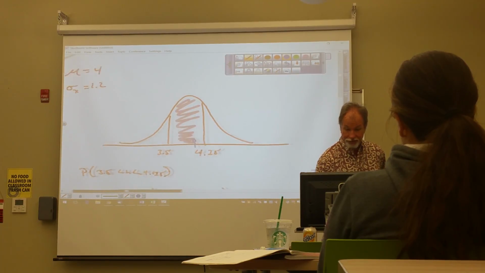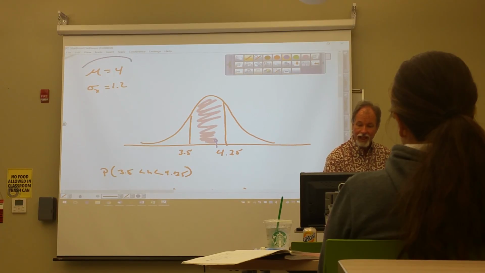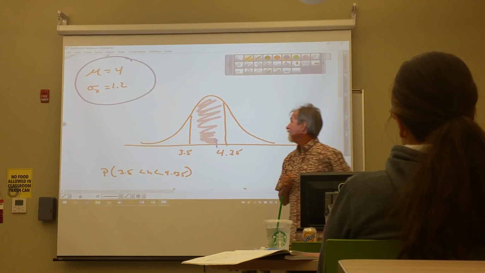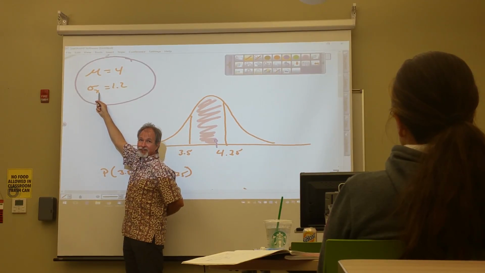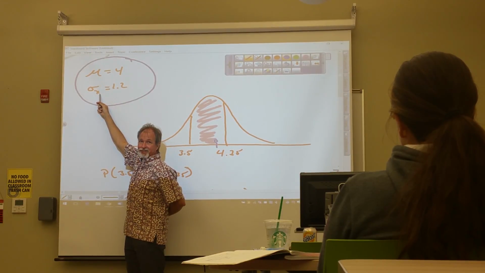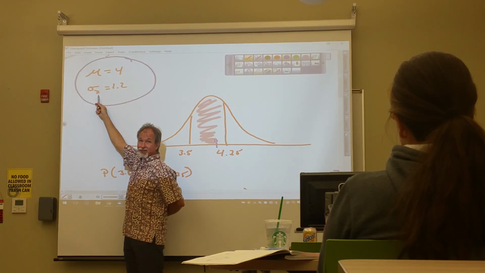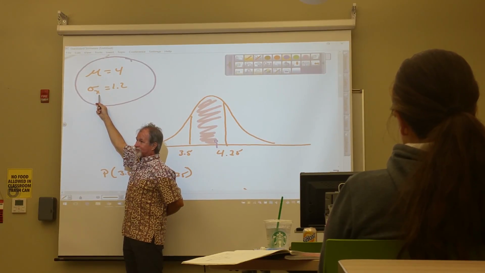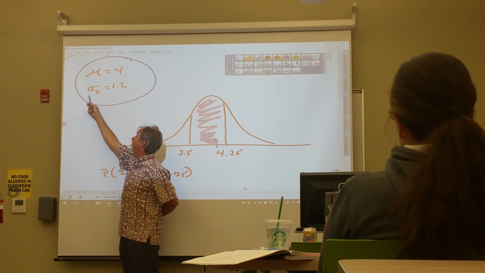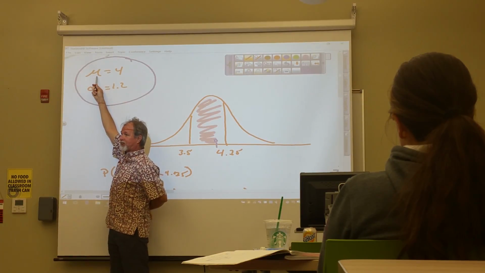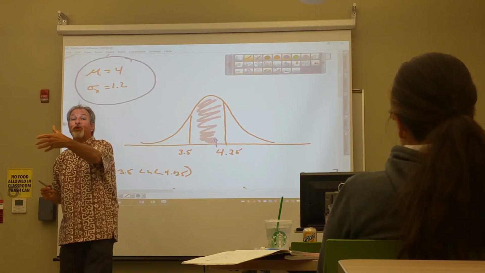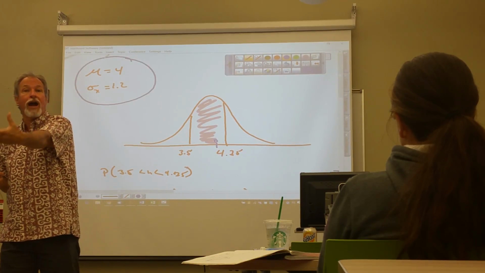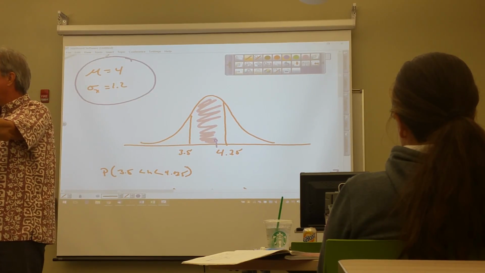And this is where the central limit theorem comes in. What is this the standard deviation of? It's the standard deviation of the population. What is this the mean of? The population. And they were given to us in the problem, right?